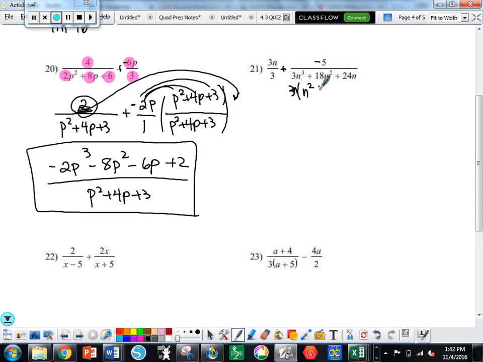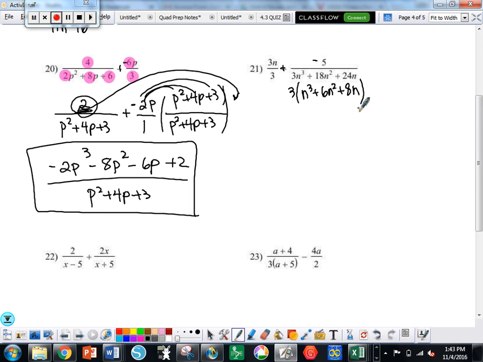Well, I'm deciding what to do. I'm going to start over. This has a 3, right? This has a 3. I know it has more than just a 3, but everything else that it has left over, my first fraction does not have.